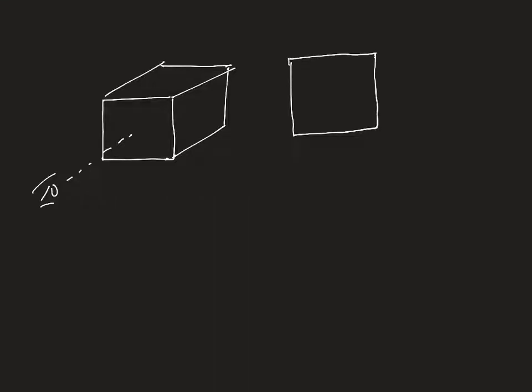There is a charge at the center, let's say. We can also draw a charge here at the center. Now you are being asked, what is the flux through the cube?